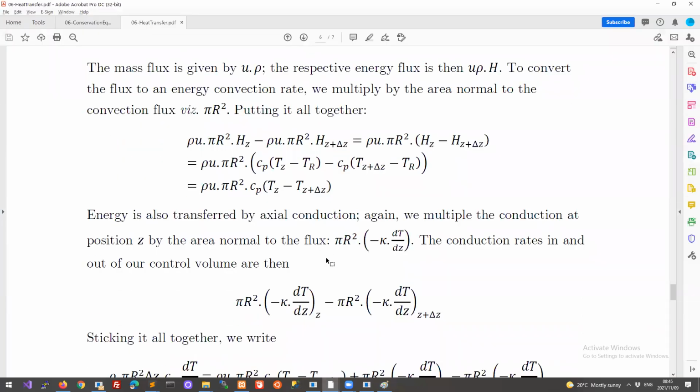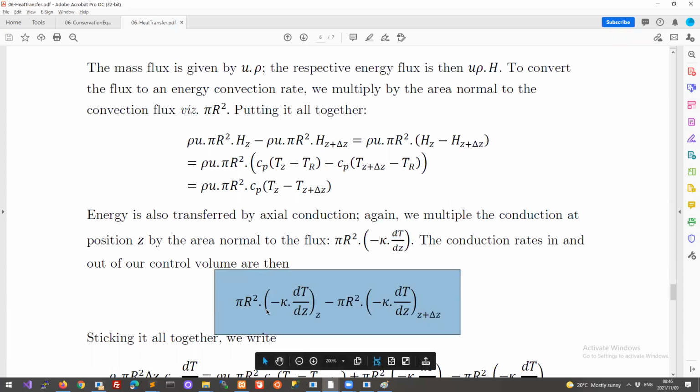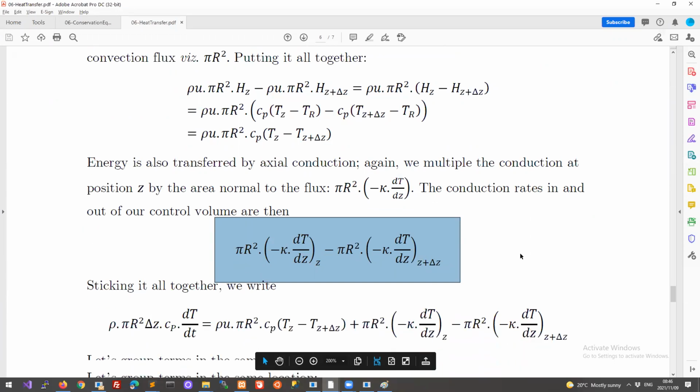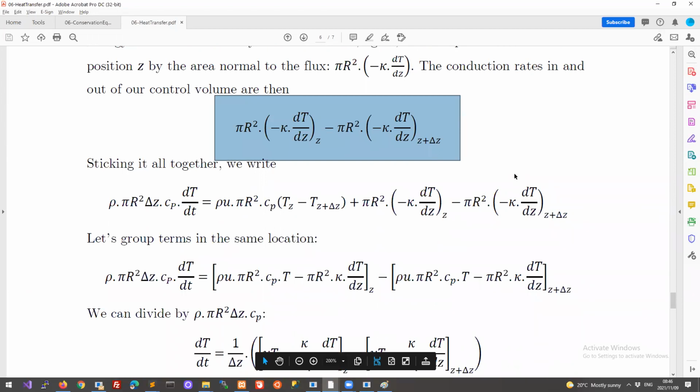We've already said that the flux due to conduction is conductivity times the gradient of temperature. This time the gradient is in the Z direction, so that's our flux. And then we've said the area normal to that flux is pi r squared. So we can write that in terms of the flux into the space at position Z and the flux out of the space at position Z plus delta Z. So those are our conduction fluxes.